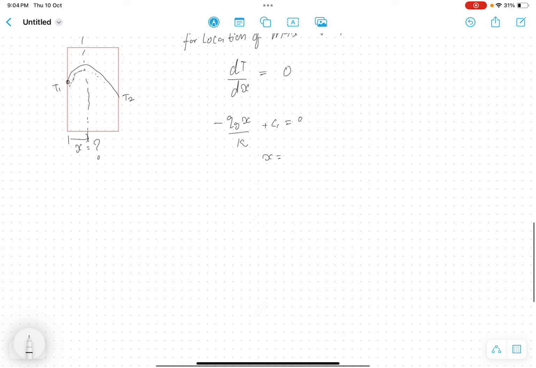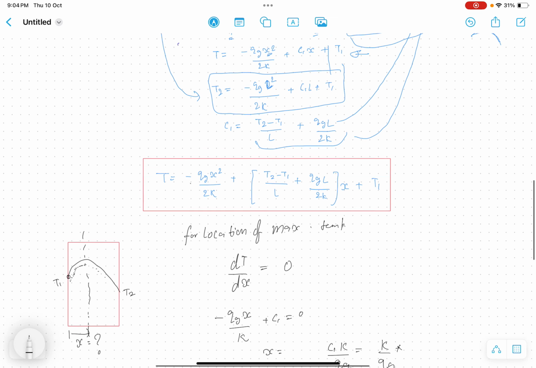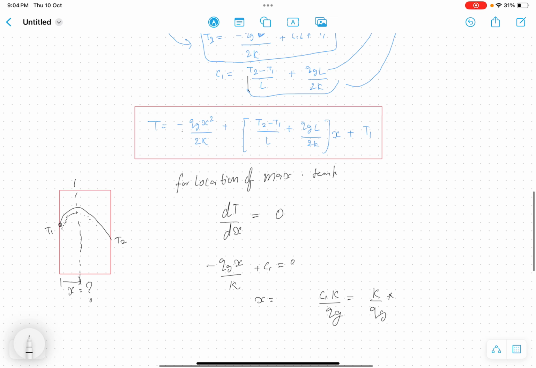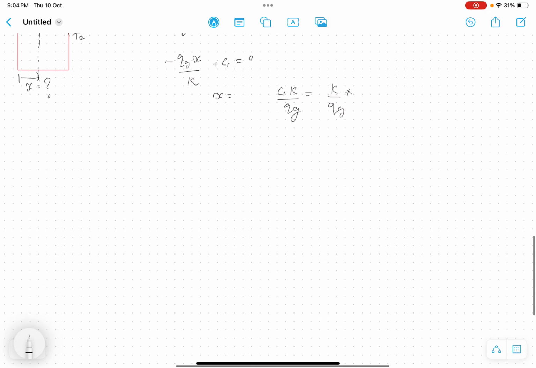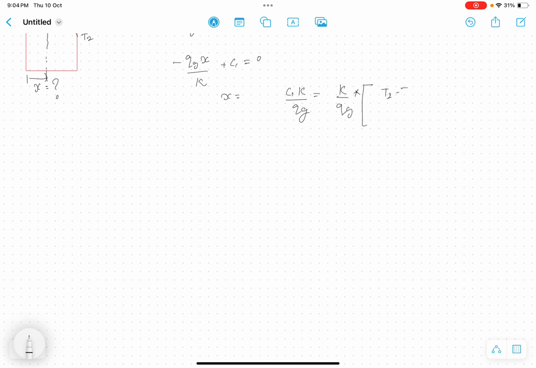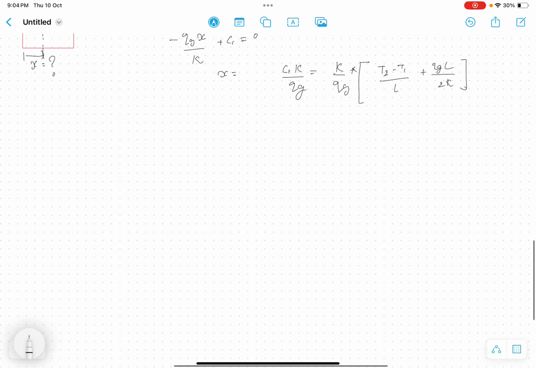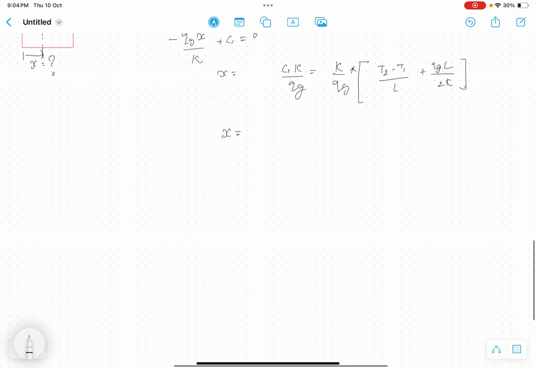So x we can have as c1k divided by qg, and c1 we know what it is. k by qg times c1, where c1 is this value, (T2 minus T1) by L plus qgL divided by 2k. Okay, so if we rearrange it, we can have L by 2 minus k by qg times (T1 minus T2) by L.